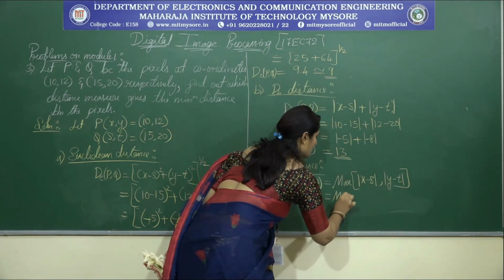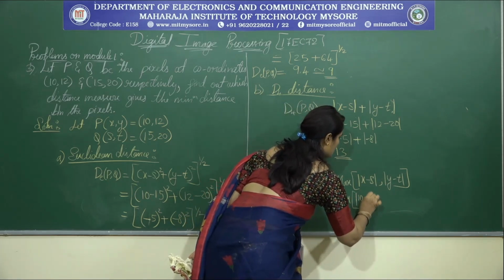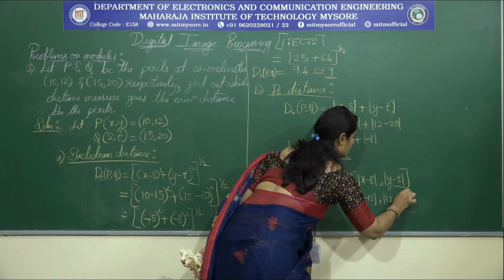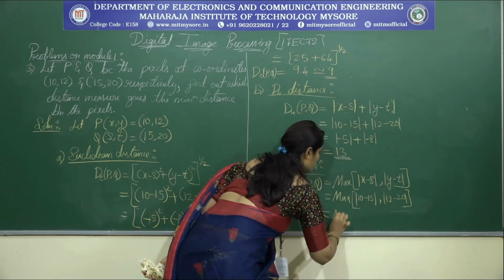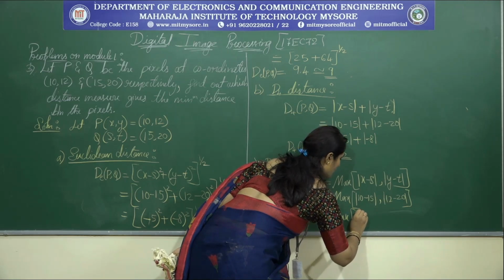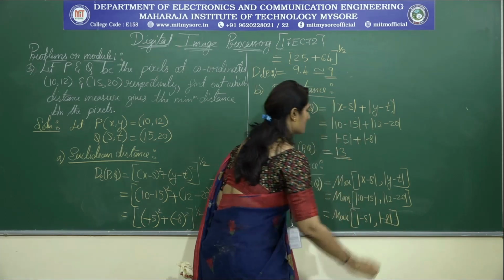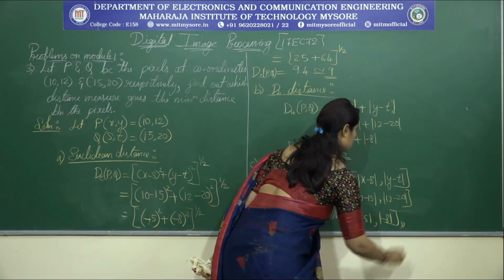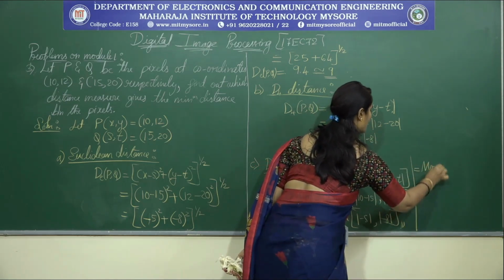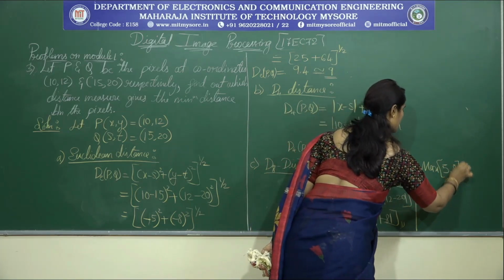So this is equal to the maximum of x minus s, which is 10 minus 15, comma, 12 minus 20, which is equal to the maximum of mod minus 5, comma, mod minus 8, which is equal to the maximum of 5 comma 8.